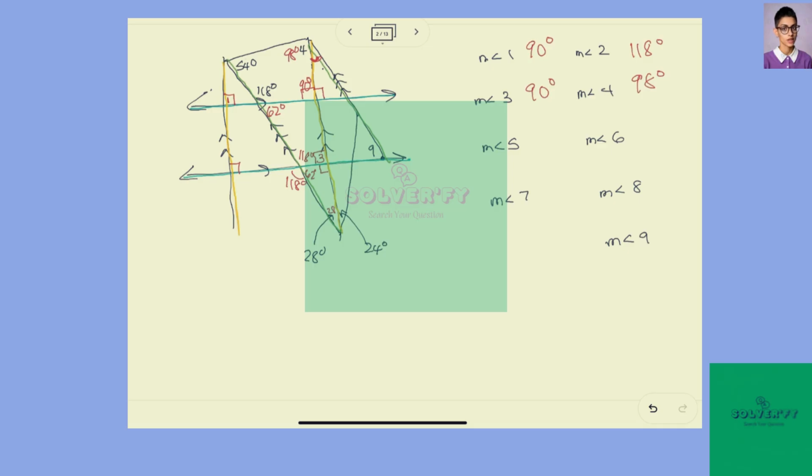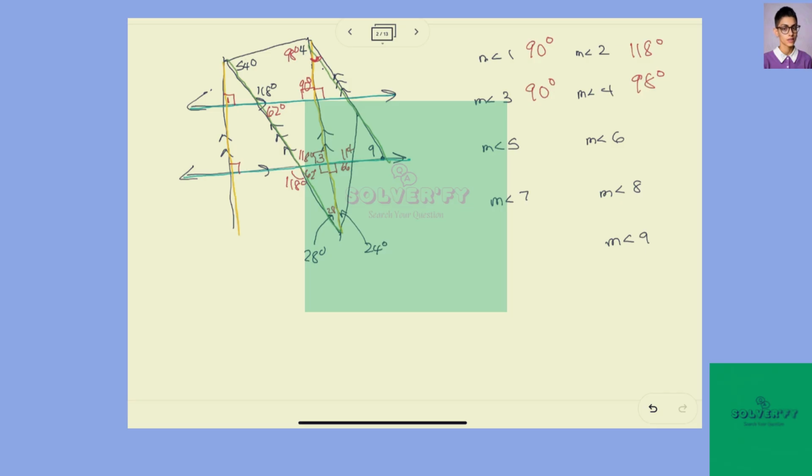So I think I'm going to have to work a little bit down here. This is going to be 90 because it sits on a line. 90 plus 24 is 114. So this angle is 66. It sits on a line, so 180 minus 66 is 114.